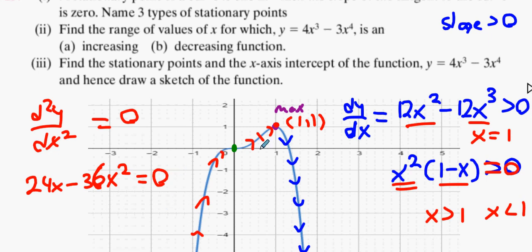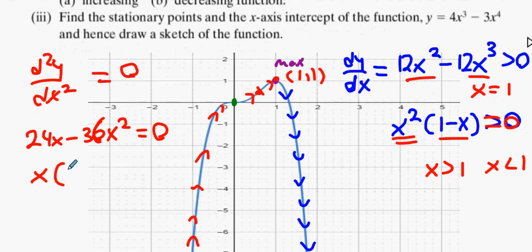Alright. Oh, the saddle point's here, is it? It's halfway in between. Figure that out now. Alright, so what do we get then? Factorize out x and we get? And now what's the other one? Sorry guys, finish it off now. Let me wrap this up.